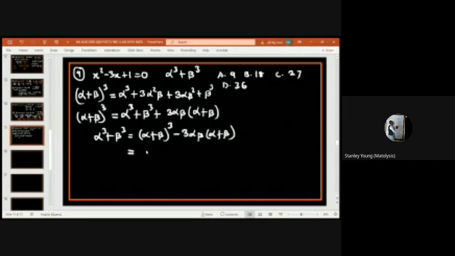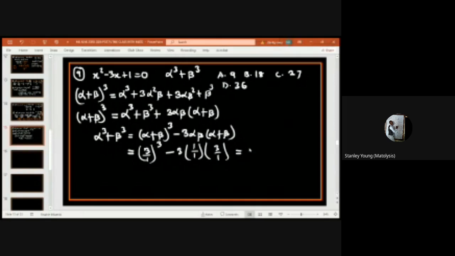What's alpha plus beta? That's minus b over a. So negative of negative 3 is 3, over 1, cubed, and minus 3 into alpha beta, which is c over a, that's 1 over 1, and alpha plus beta is minus b over a, that's 3 over 1.